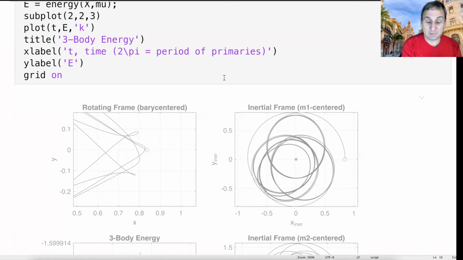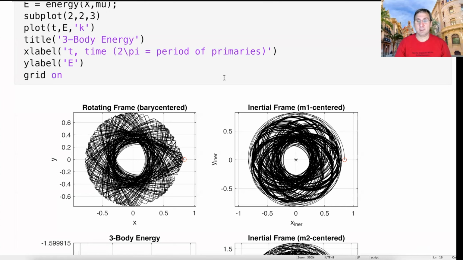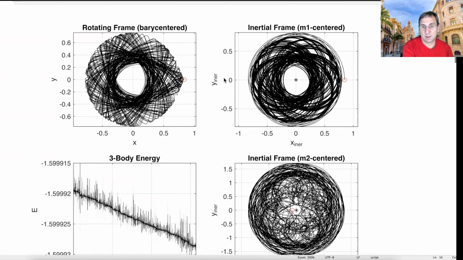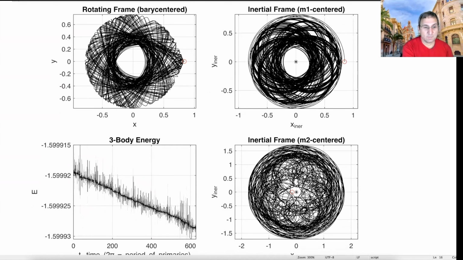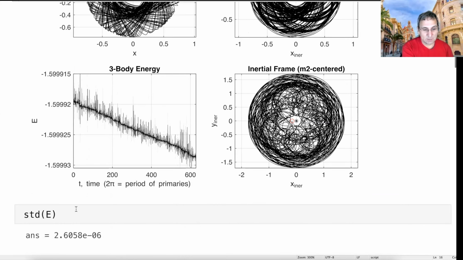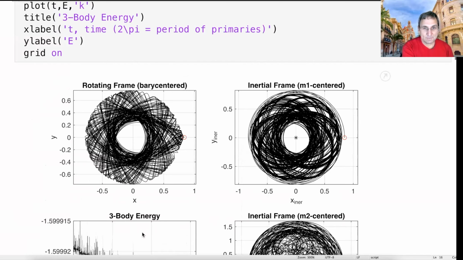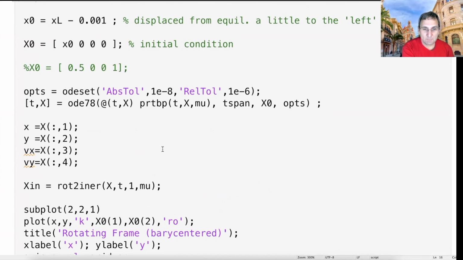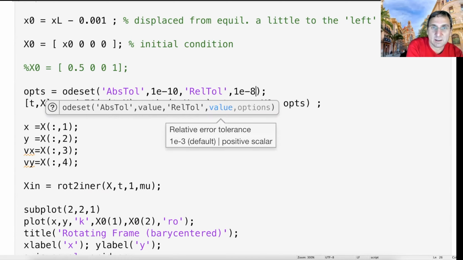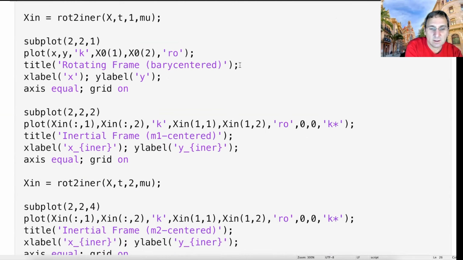Because we're in a chaotic regime. Starting near the Lagrange points is the easiest way to get into a chaotic regime for the 3-body problem. And look, now we see the energy behavior. It's going down. This might be numerical dissipation, so maybe not so good. I would then want to boost this tolerance. Maybe I'll make this 10 to the -10, make this 10 to the -8, and then run.